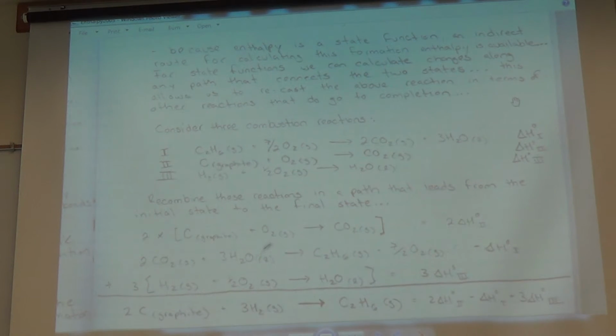Well, there's another kind of employment of that state function quality that allows us to calculate formation enthalpies from other reactions that are characterizable. So it turns out that combustion reactions, recombining something with oxygen, are very vigorous reactions. They happen very quickly, and they go almost to completion, right?